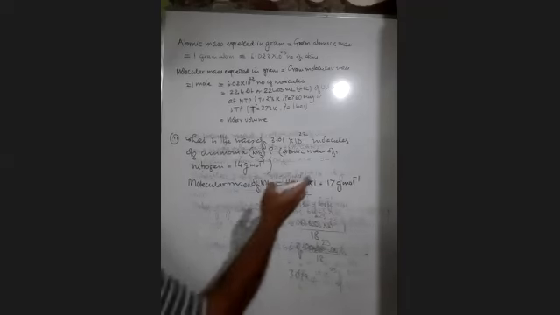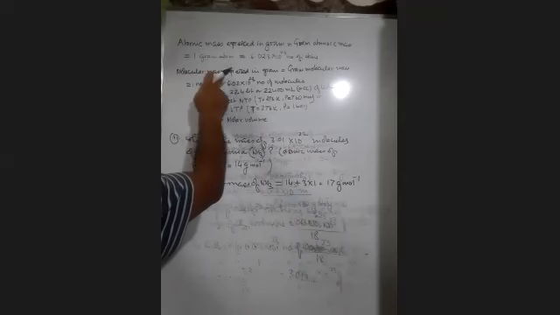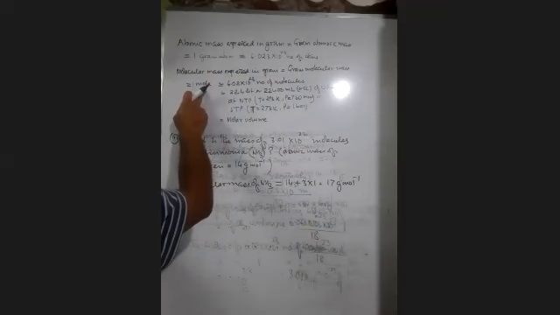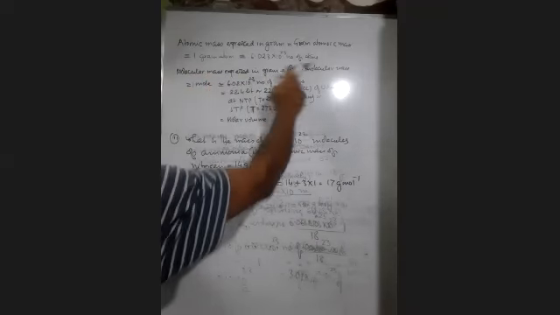Now see what information you get from here. Molecular mass: 17 gram of ammonia equals 1 mole. 1 mole will contain how many molecules? This many molecules.